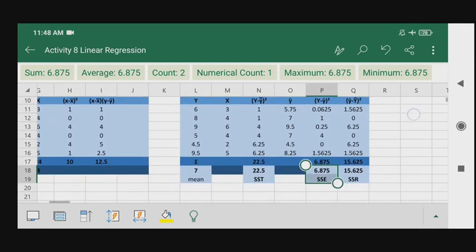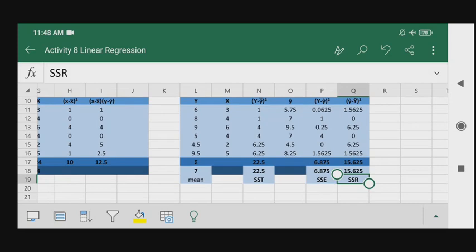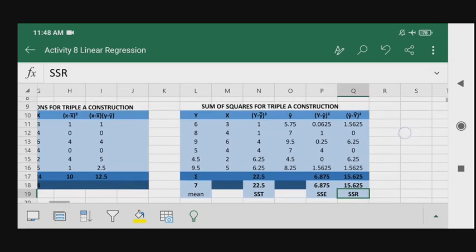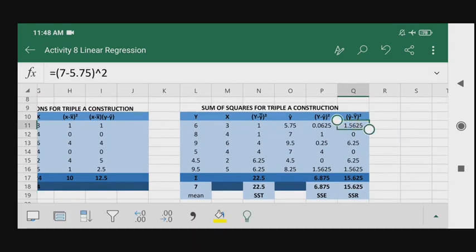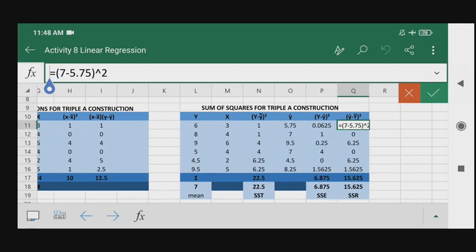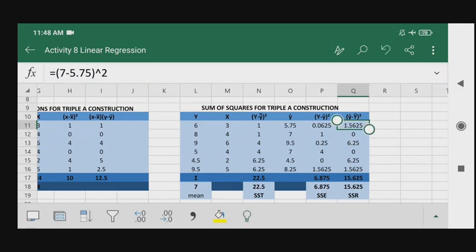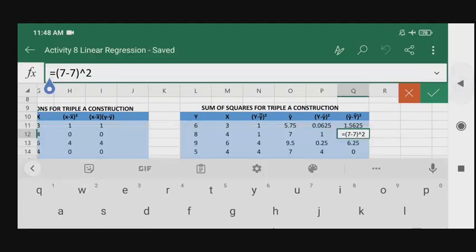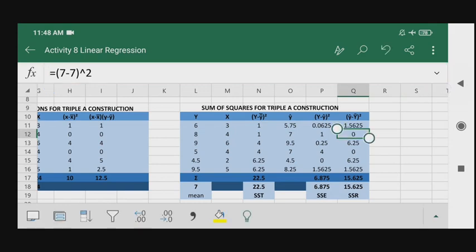Now we have to get the sum of square due to regression. First, the formula could be 7 minus 5.75 squared equals 1.5625. Then 7 minus 7 squared equals 0.